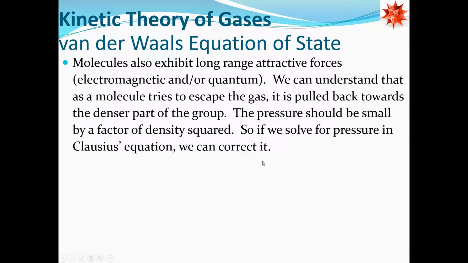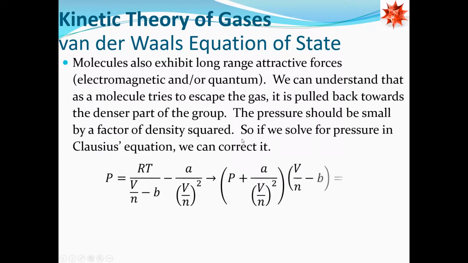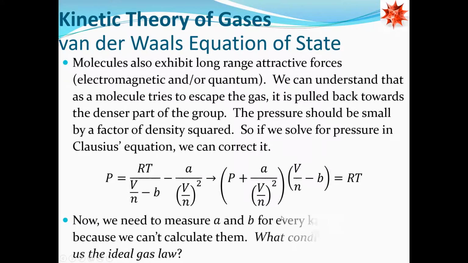And then we also have to take into account the forces between the molecules. So this is related to pressure. We end up getting this altered equation that looks something like this. I'm not going to go into full detail with this, but the thing is that a and b end up being known for the gas, but we can only know them through measuring rather than calculating.